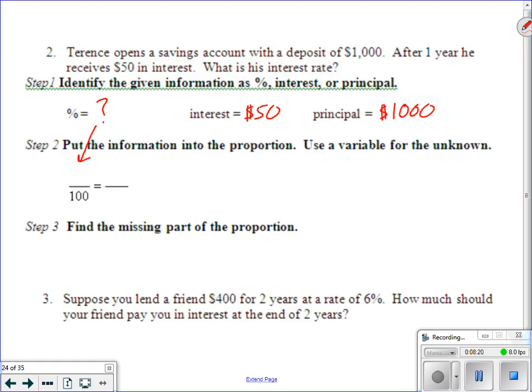So again, I don't know what the rate is, that's my variable. I know the interest is $50, and I know the principal is $1,000.